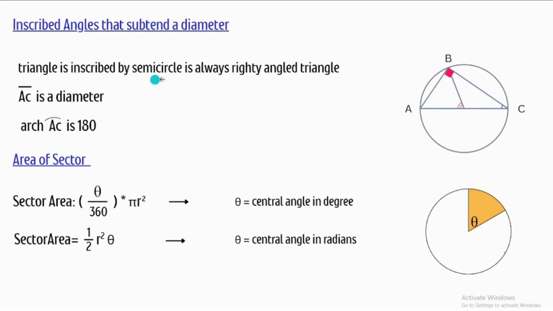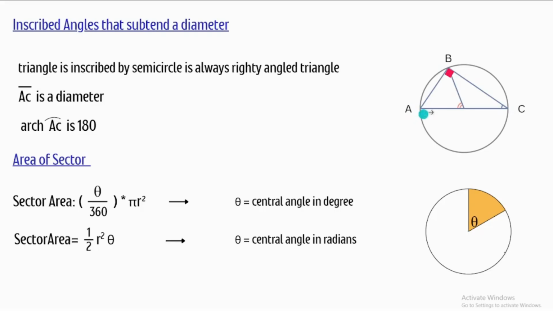A triangle inscribed in a semicircle is always a right triangle. This is a triangle drawn inside the semicircle. So AC, the longest side in the triangle, is the diameter of the circle.